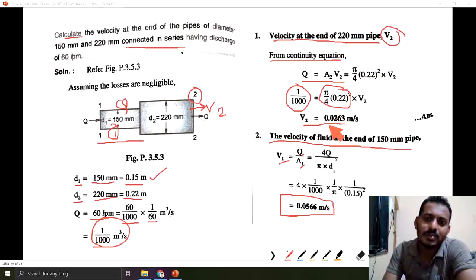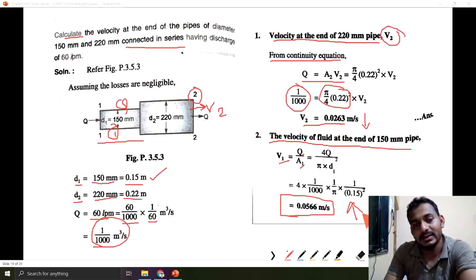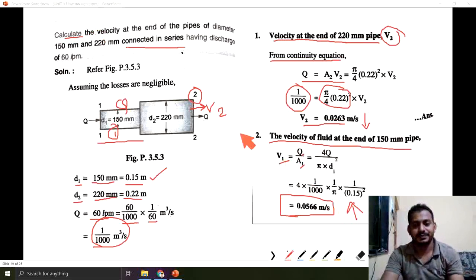If we observe, pipe number 2 has a greater diameter, so there is lesser velocity. Pipe number 1 has a lesser diameter, so the velocity is comparatively high. This is the conclusion. We will solve one more problem.